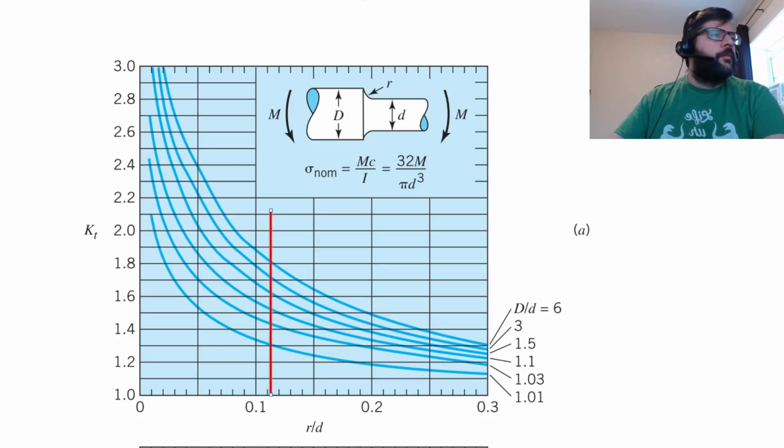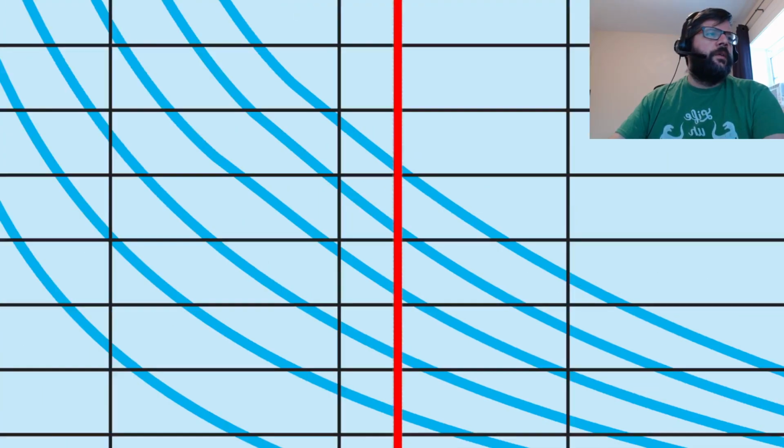The line that we will be using is that third one, the 1.5 D over d ratio. So we're looking at where these things cross.